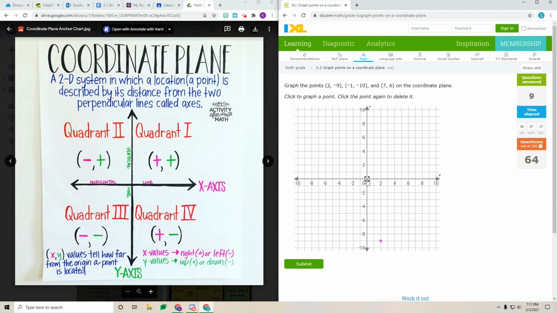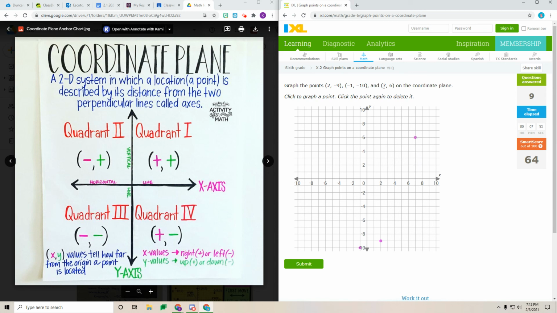Start at 0, negative 1, to the left 1, negative 10, so down 10. Okay, and then the last one, 7 comma 6. Start at 0. Tell me which direction to go. I'm going to go positive 7, so to the right 7, and then positive 6, which is up 6. And I'm in quadrant 1.